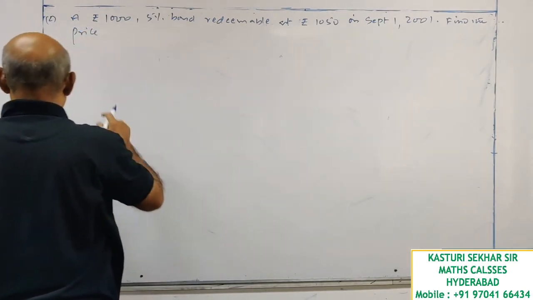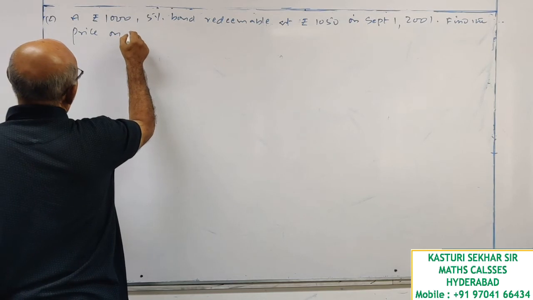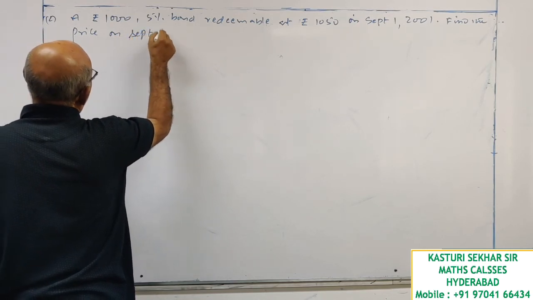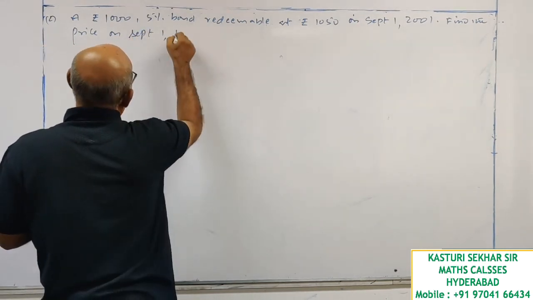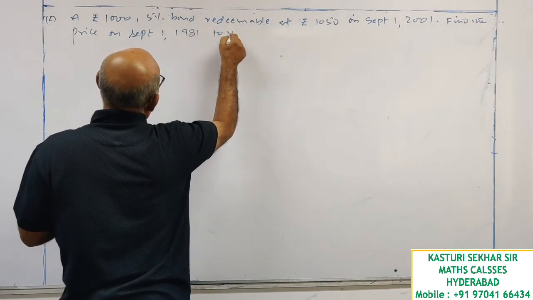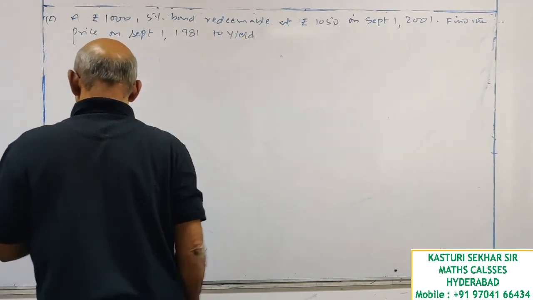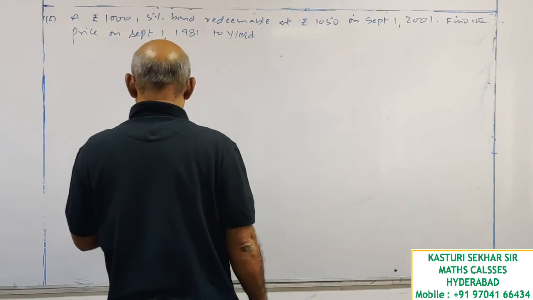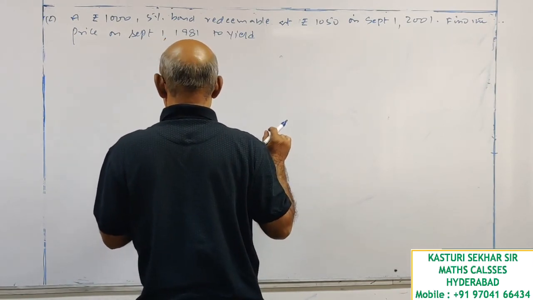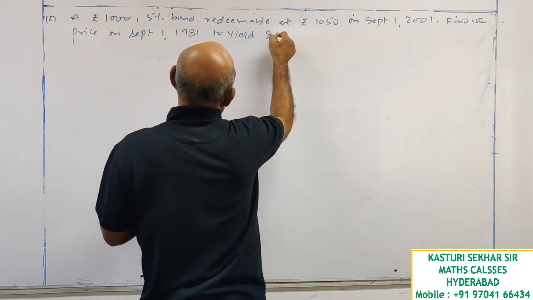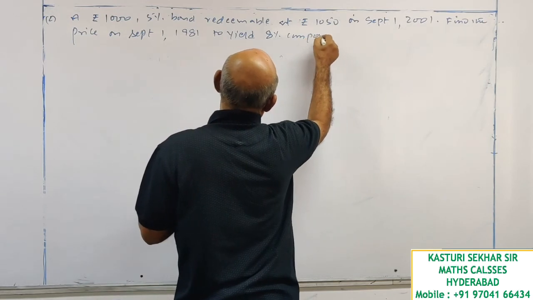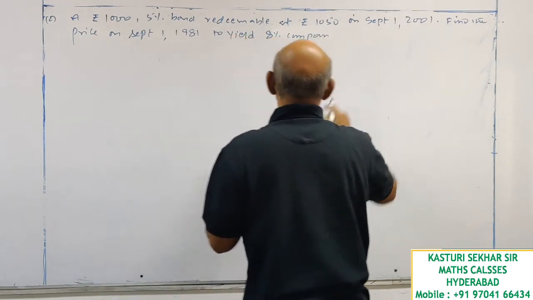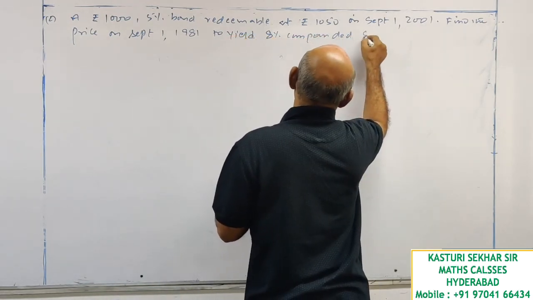Find the price on September 1st 1981 to yield 8% compounded semi-annually.